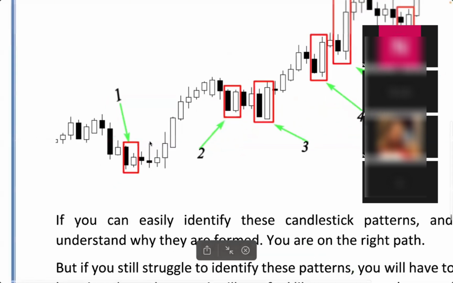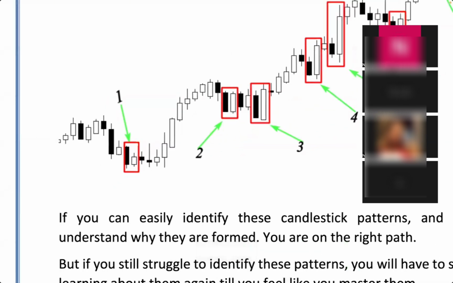And the Harami can indicate a reversal or a continuation. Since there's an uptrend and this was a retracement, at the end of the retracement we had this particular formation. And what do we have right afterwards? The reversal, and then we had price going up.